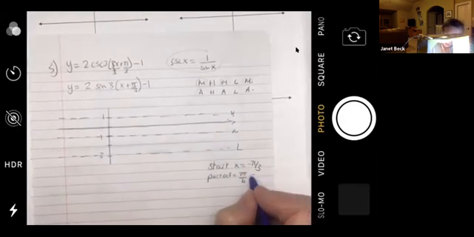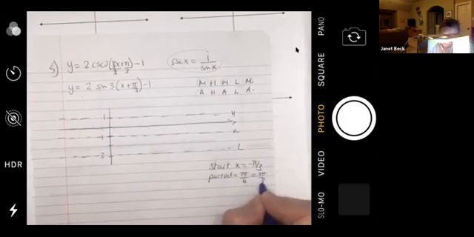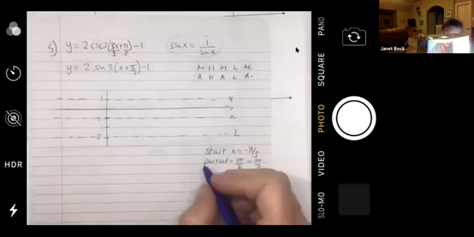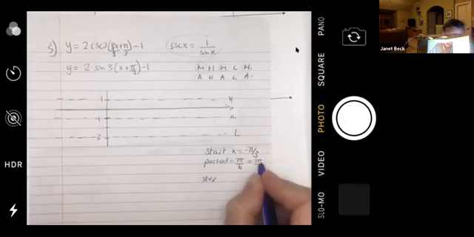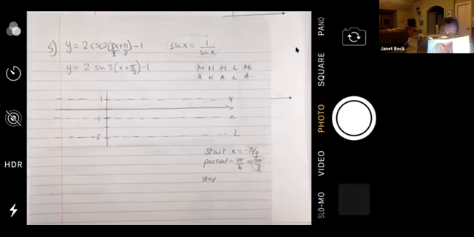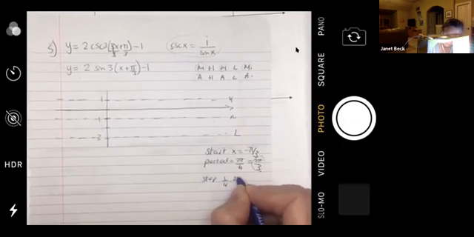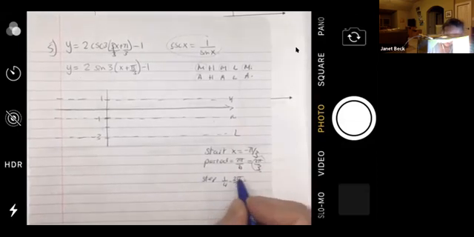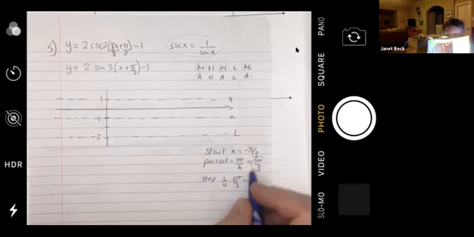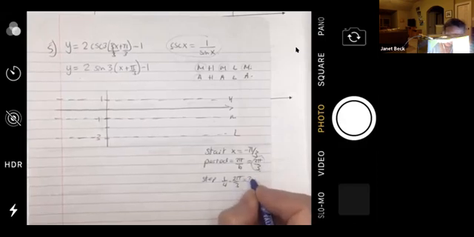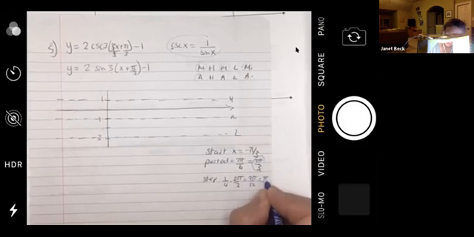So it's going to be 2 pi over 3. And the step, get that period and divide it by 4. Well, that's going to be easiest to multiply by a 4th. So that gives me 2 pi over 12, which reduces to pi over 6.